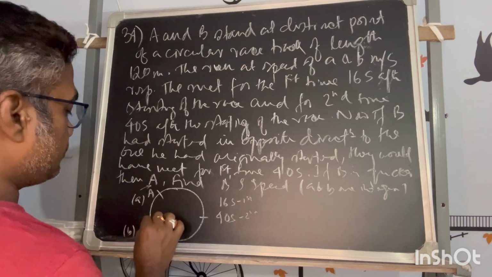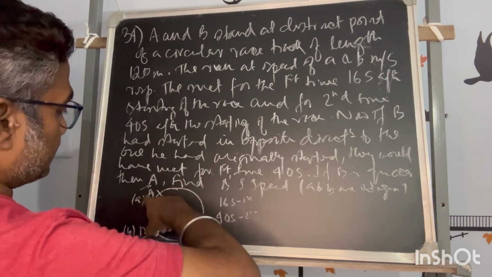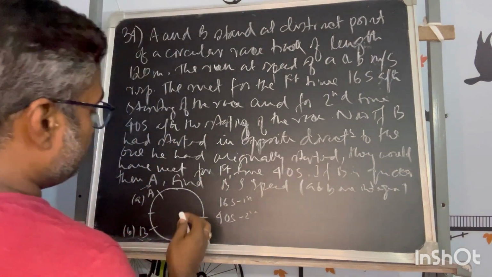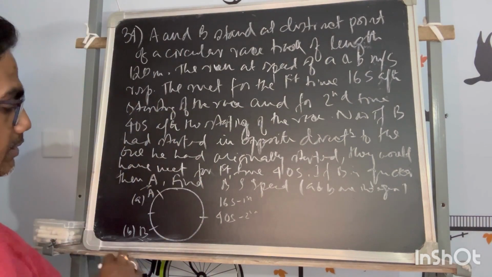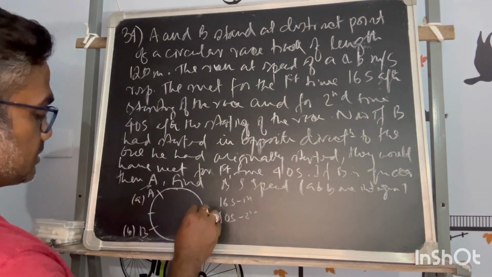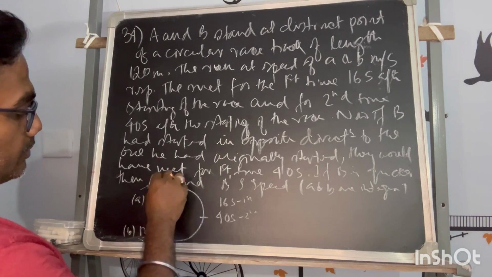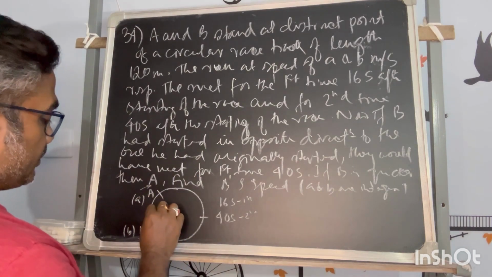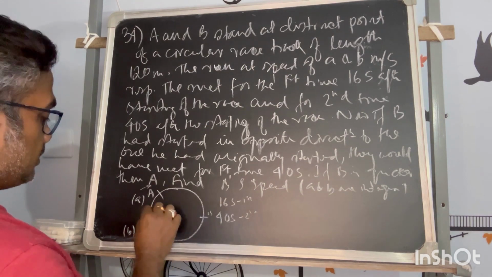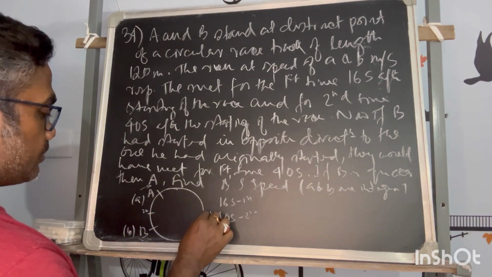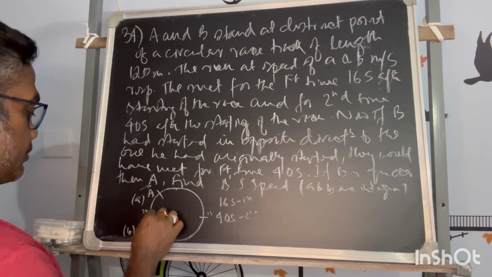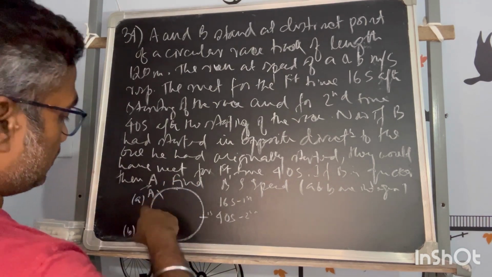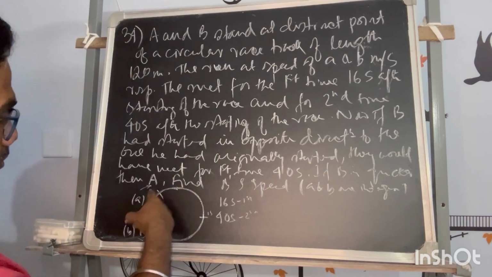For first meet to second meet, the cumulative distance, or the relative distance you can say, traveled by A and B will be equal to the total lap of the track, because if this is the first meet and this is the second meet, one will move from this point to this point, and the other from this to this, all together it will be a total circle.